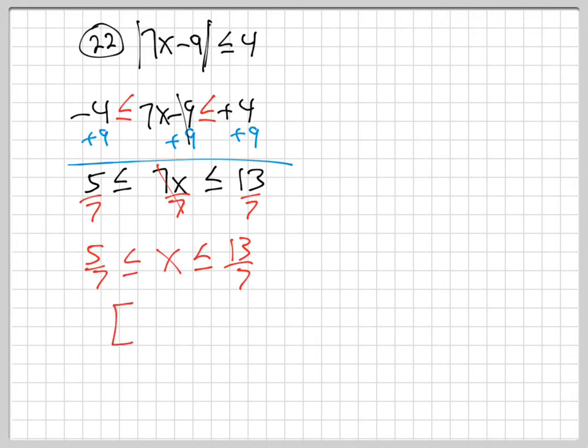So I'm going to go bracket 5 sevenths, 13 sevenths. It's just one bracket instead of two, right? The less is less, the greater is greater. The less than problems have one bracket or parenthesis at the end. The greater have two brackets or parentheses at the end, don't they? So there's our answer. Questions on that one?